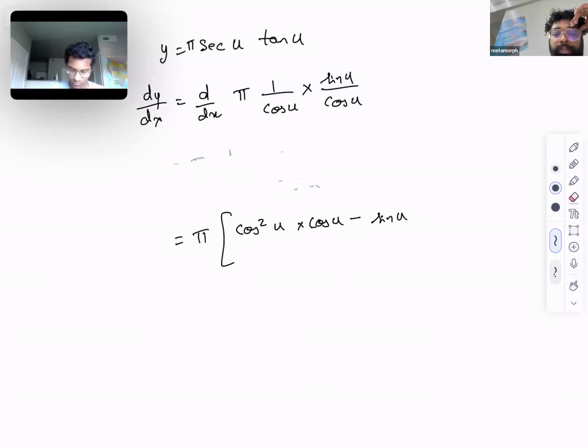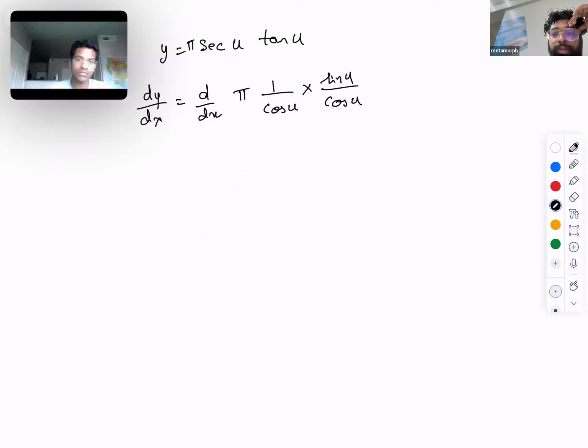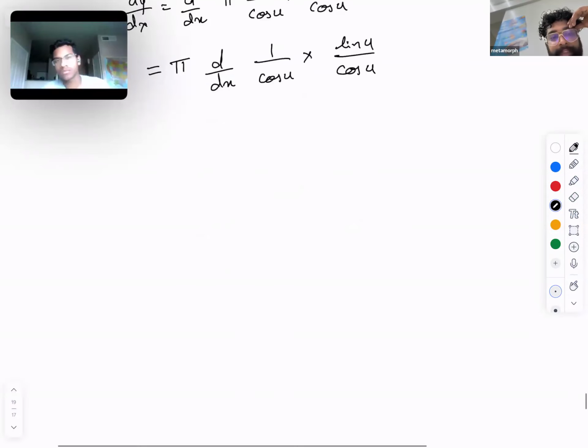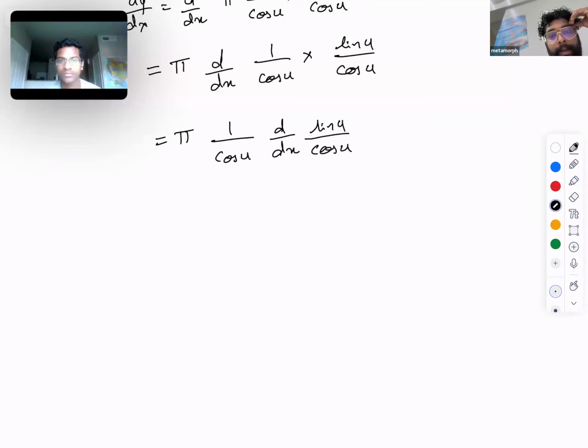So what we'll do is attempt this separately. We'll use a rule inside a rule. So pi d by dx of 1 over cos u times sin u over cos u. Right here there's a multiplication sign. That's a product rule, so we'll use the product rule first. Why don't I do that?